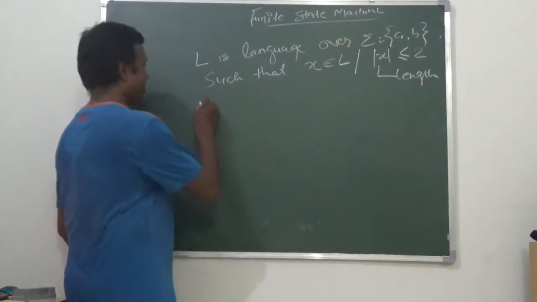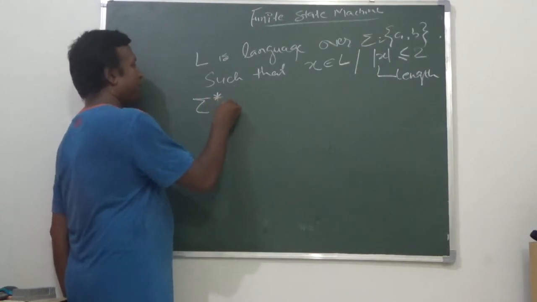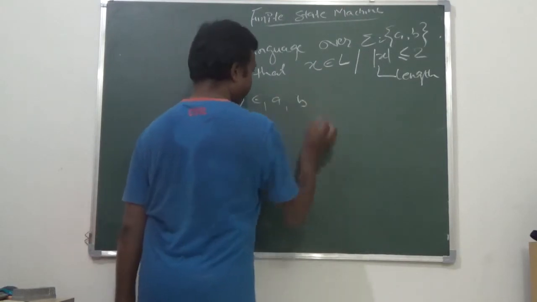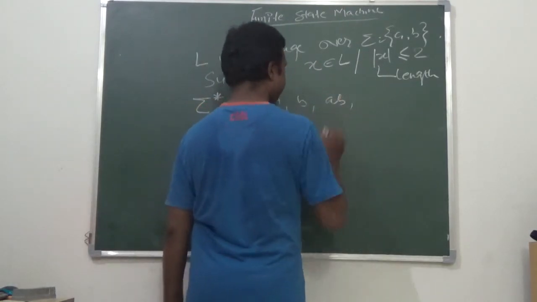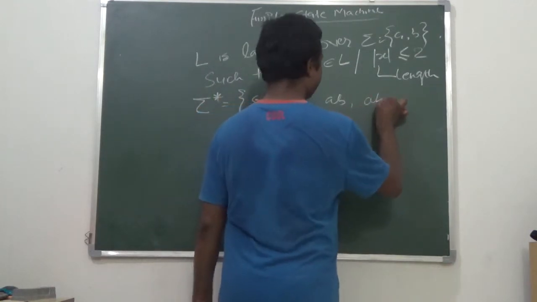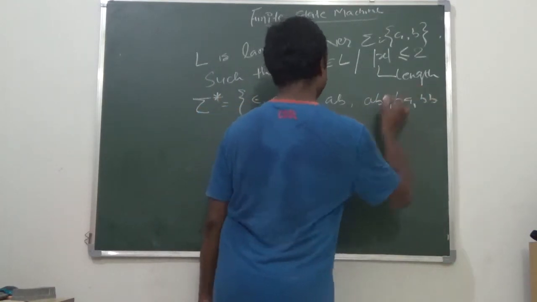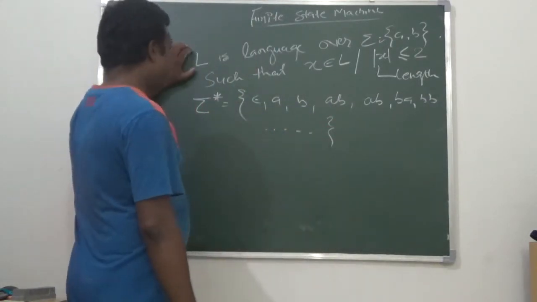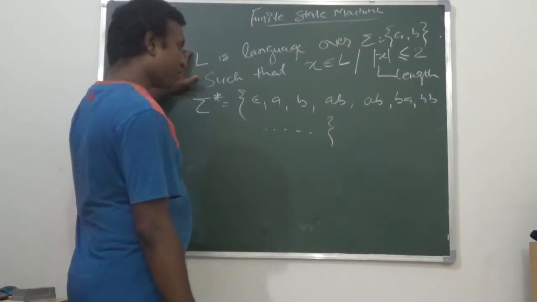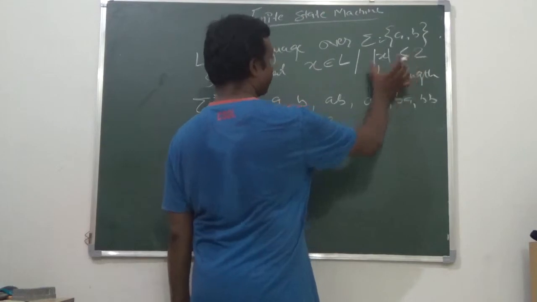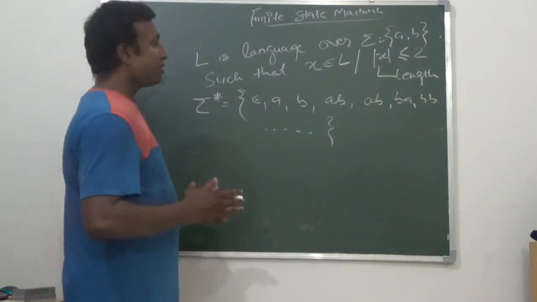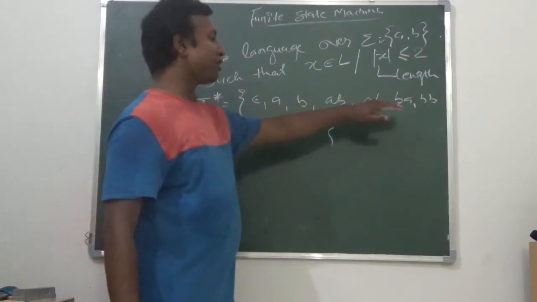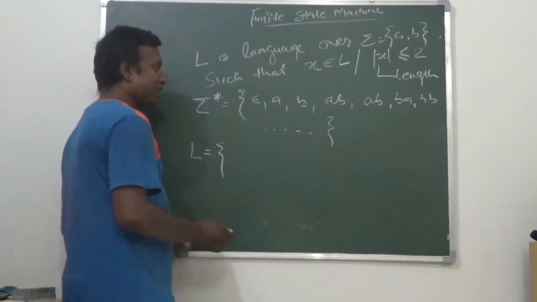So first of all, what is sigma star? The sigma star is nothing but epsilon, A, B, AA, AB, BA, BB, and then it will keep on going. Now we need to choose such a subset which satisfies this property. So what is that property? The length of the string is less than or equal to 2. So we need to choose those strings from this set whose length is less than or equal to 2.